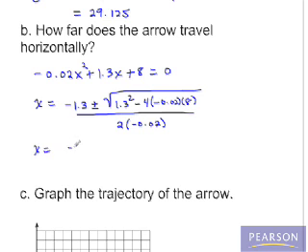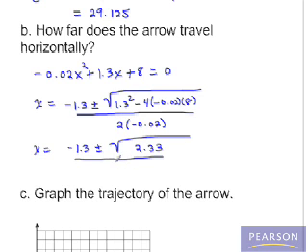Simplifying further, we have negative 1.3 plus or minus the square root of 1.3 squared minus 4 times negative 0.02 times 8, which gives us the square root of positive 2.33, all of that over negative 0.04.